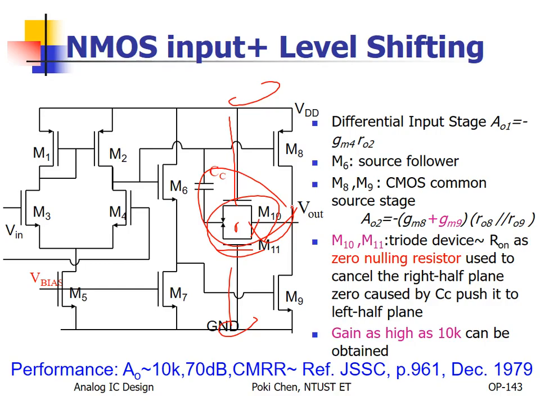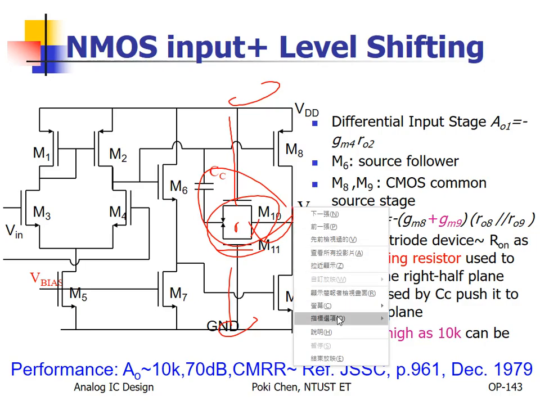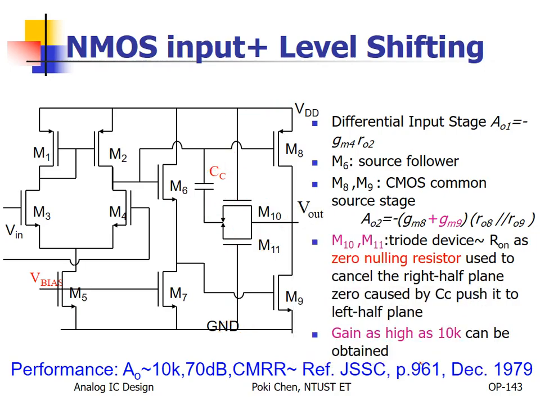That's it. So, in theory, it behaves like a resistor. And we call it a zero nulling resistor, to help you get more phase margin. Just do it by yourself.